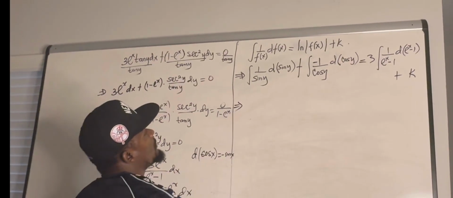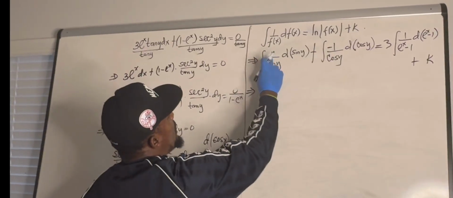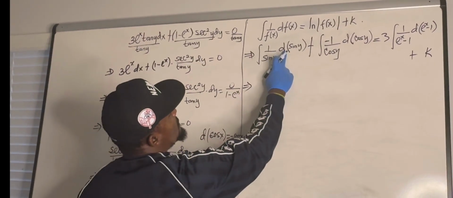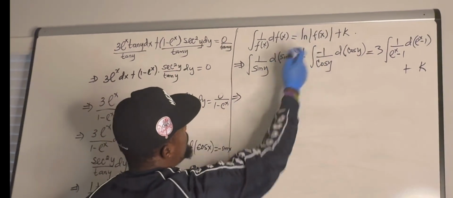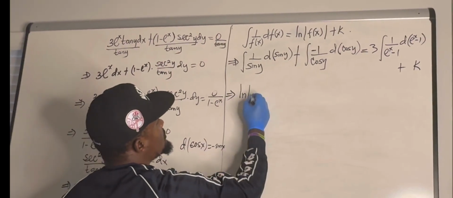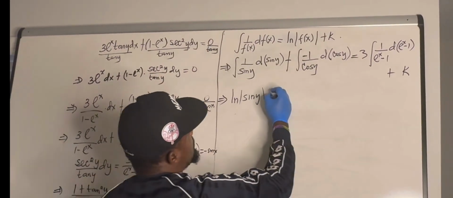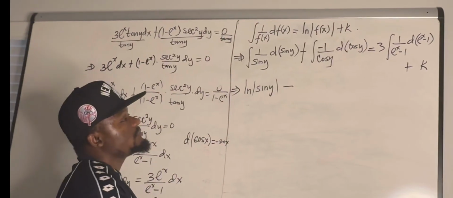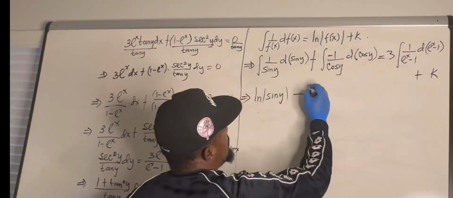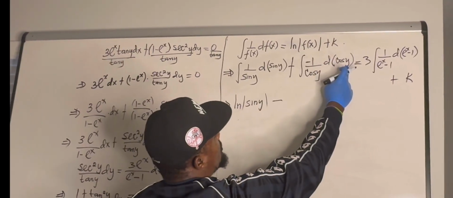Now, applying this rule, the integral of 1 divided by a function times the differential of that function gives me ln the absolute value of that function. So this becomes ln the absolute value of sine y. Now, we have a negative sign. I can take that negative sign out. And we have 1 divided by cos y times the differential of cos y.